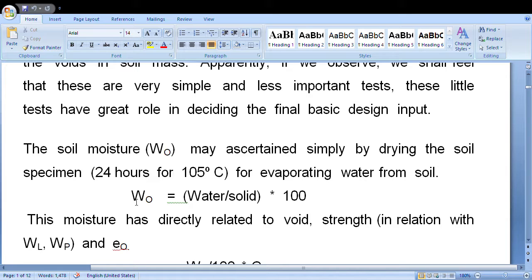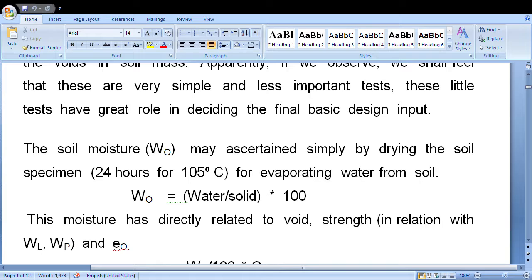We can find out the soil moisture by oven drying the test specimen at 105 degrees centigrade for 24 hours or a little more, for evaporating the water from the soil.